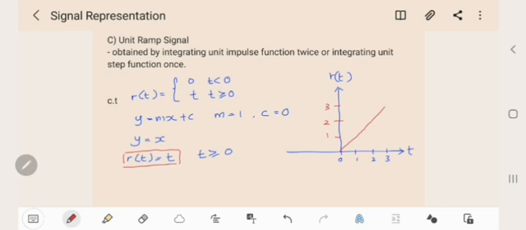The angle here is 45 degrees, because m equals 1, which equals tangent 45 degrees.